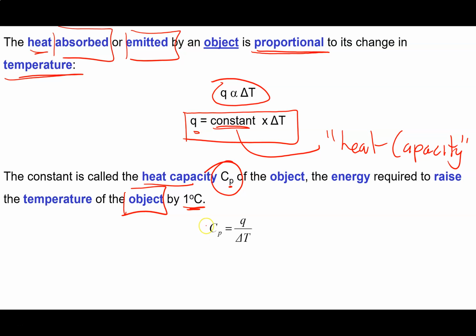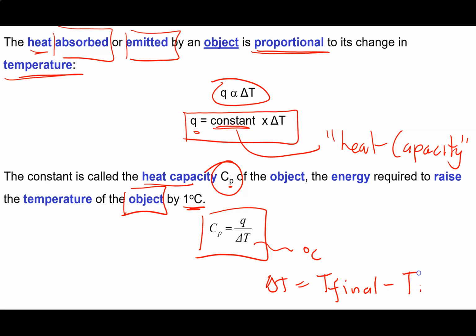Another way of writing this, and your book uses this form of it, is that the heat capacity is the heat transferred divided by the change in temperature of your object, and that is in degrees Celsius. And we know that delta T is T final minus T initial.